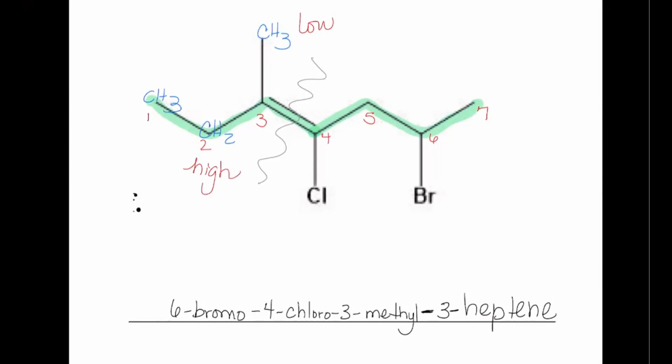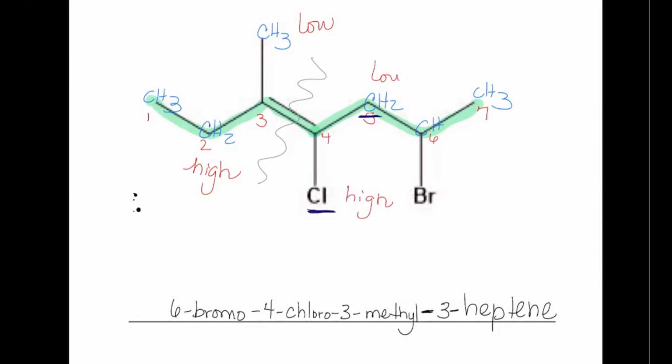Then on the other side, here there's a CH2, there's a CH, there's a CH3. On the right side of my carbon-carbon double bond, I'm comparing carbon to chlorine. So who gets the high priority label? Chlorine or carbon? Excellent. Chlorine gets the high priority group.